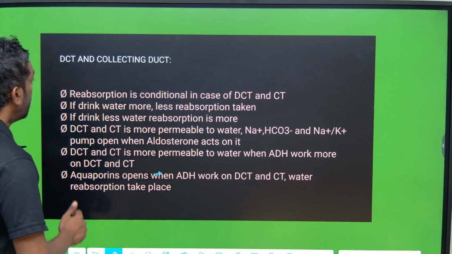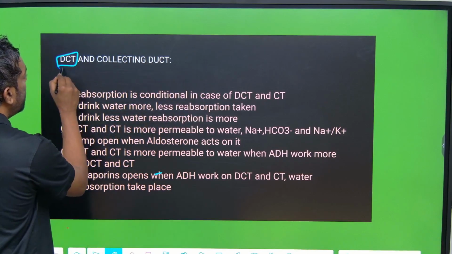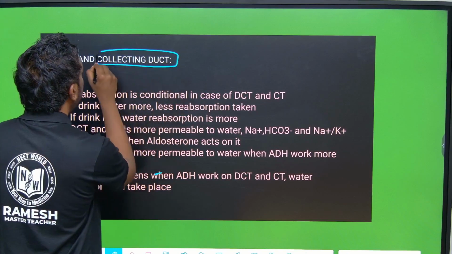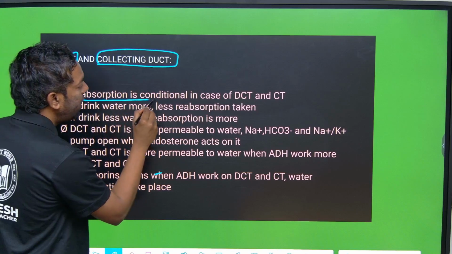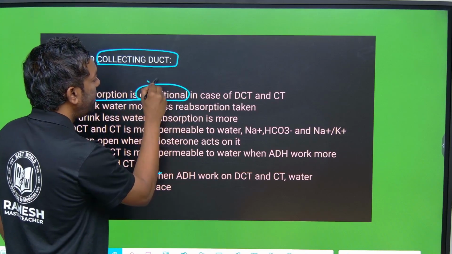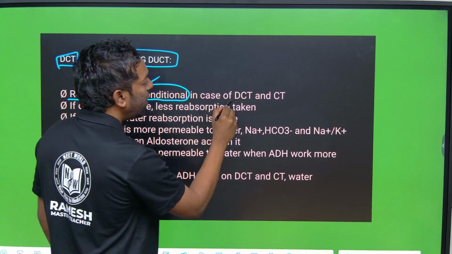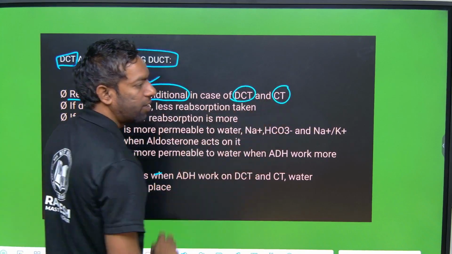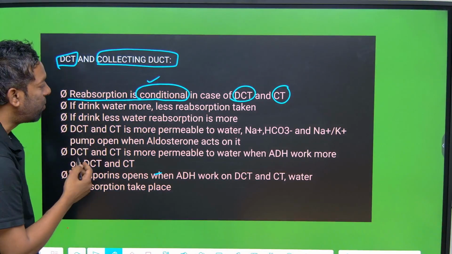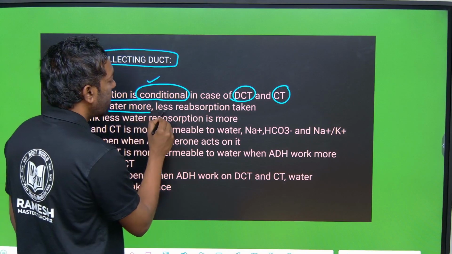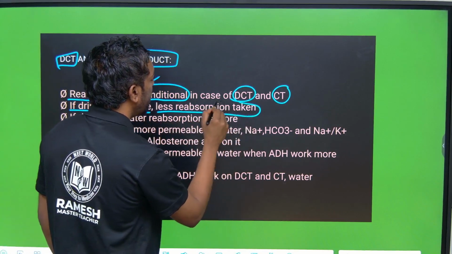In the DCT and collecting duct, reabsorption is conditional. This word is important. If you drink more, less reabsorption takes place.